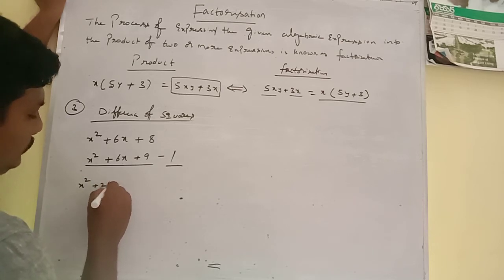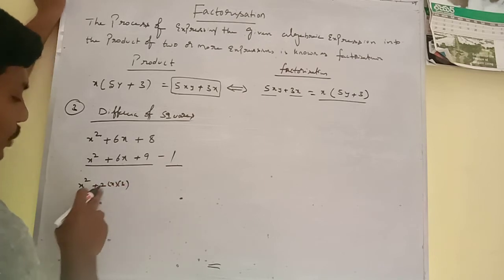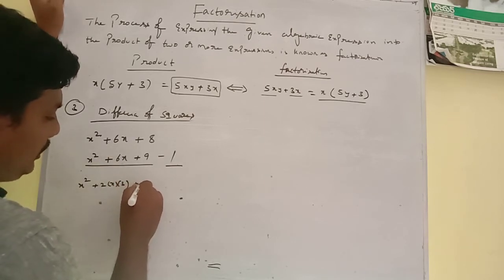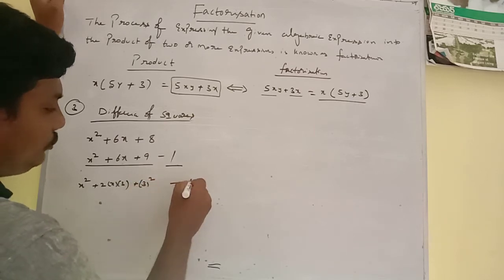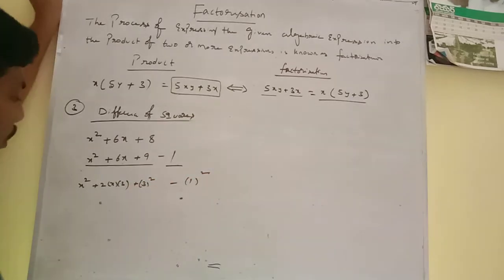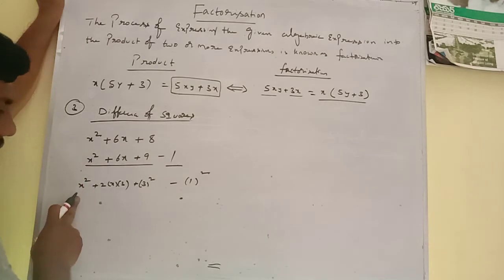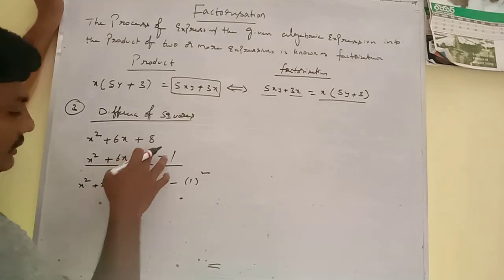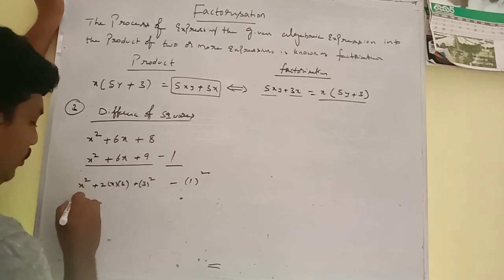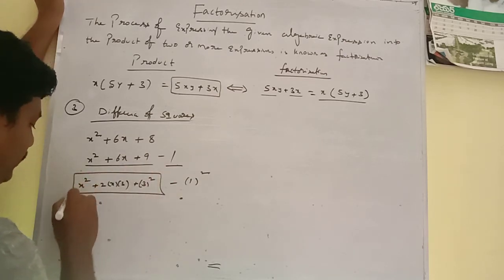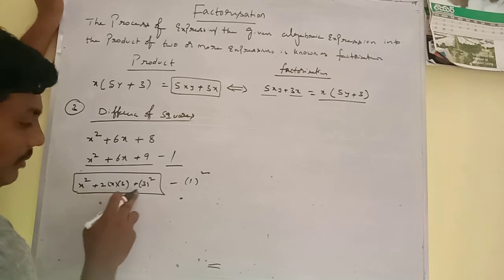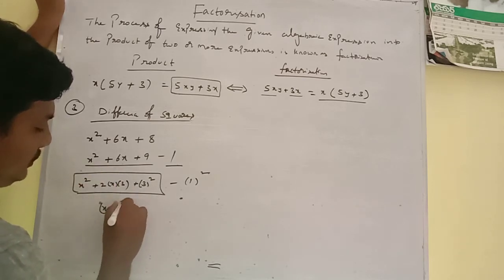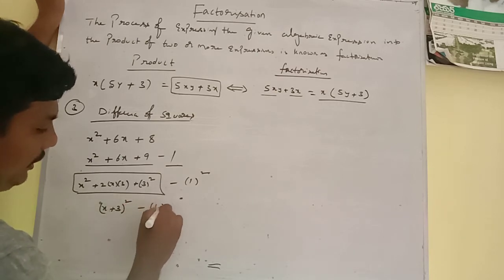When I observe this, x square is x square, and 6x can be split as 2 into x into 3, and plus 9 can be written as 3 square. Now this is the formula a square plus 2ab plus b square, that is a plus b whole square. So x plus 3 whole square minus 1 square.